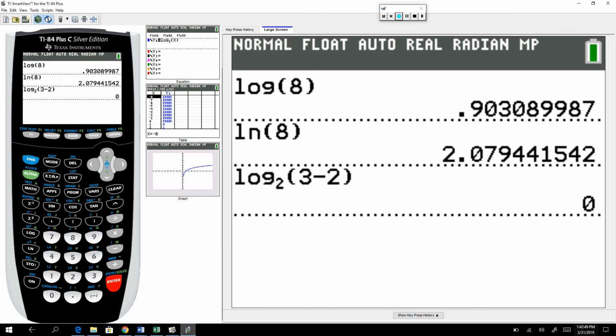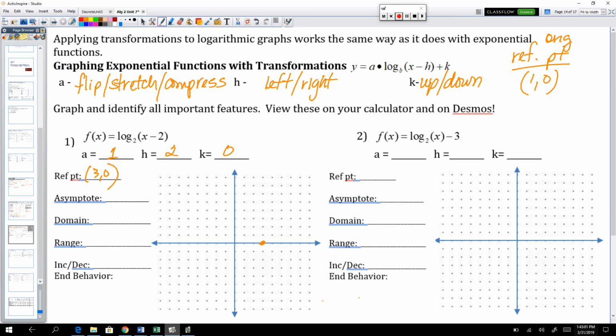And it has 0. So whenever you need to check your values, you can do this in the calculator. Just make sure that you go to the math menu if you need to change your base from a 10 or an e. All right, so we've confirmed that that's on there.